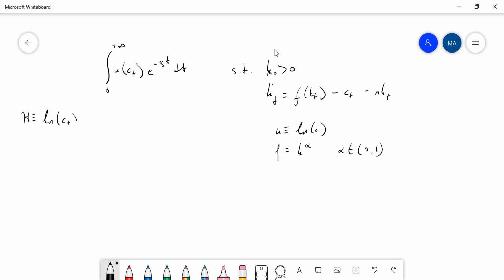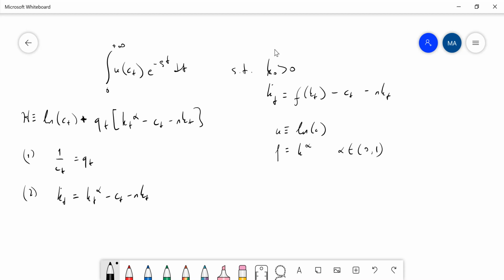So we have ln c_t, and the current value shadow price times the constraint. Then first, 1 over c_t equals q_t. Second, we have the constraint itself, k dot equals k_t alpha minus c_t minus n k_t.